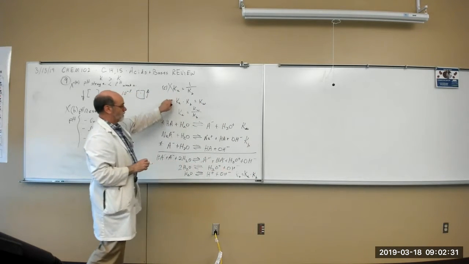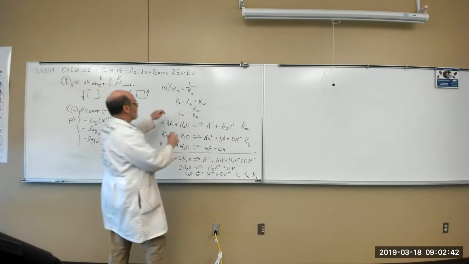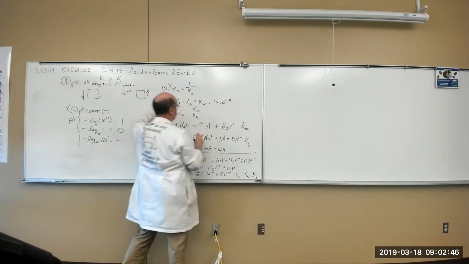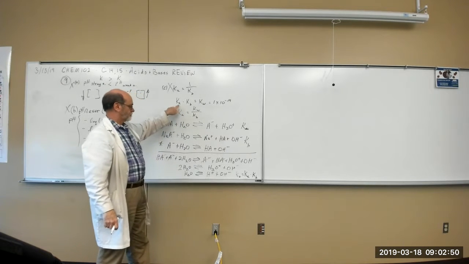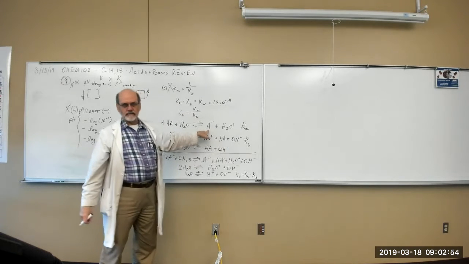And that's where this came from: 1 times 10 to the negative 14. So if you know one of these, you can find the other. If you know Ka, you can find Kb for the conjugate base.